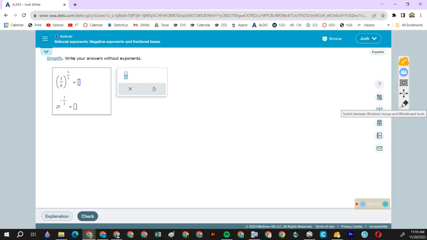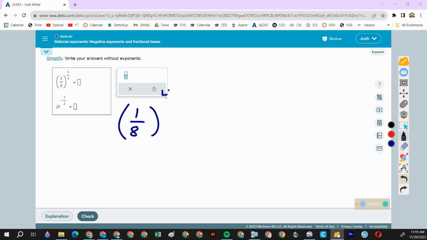All right, negative exponents and fractional bases. So what this is saying is, I can sort of distribute this to the top and the bottom. It's not called distribution, but it sort of works the same way.